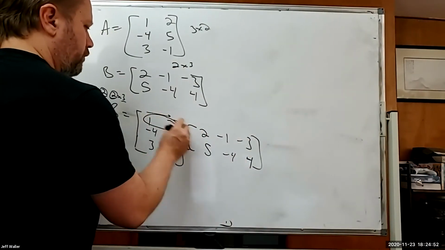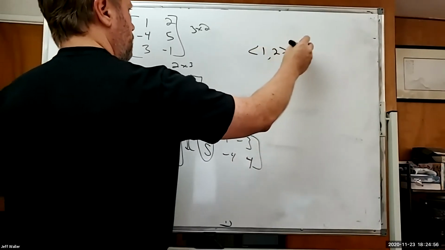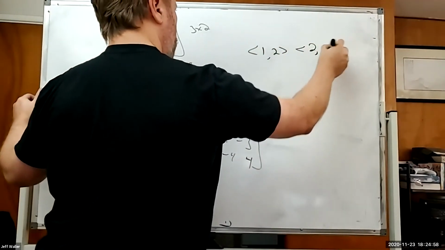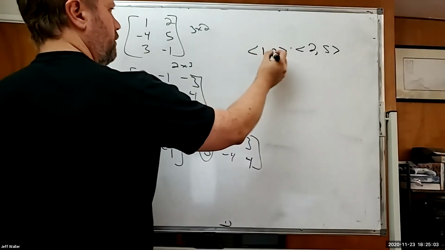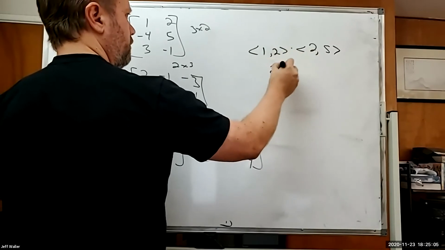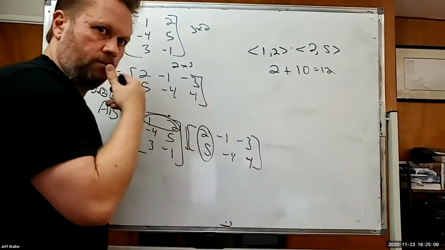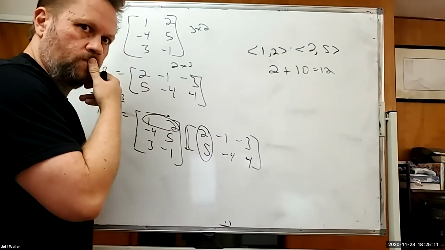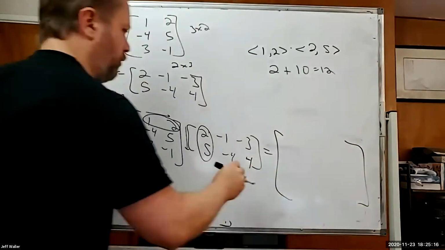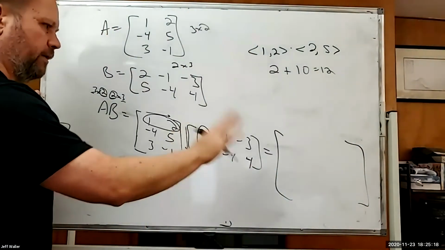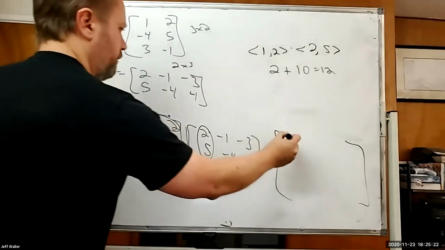Take this vector and this vector, right? What's their dot product? It would be 1 times 2 plus 2 times 5. That's all I'm doing over and over and over till I go a little insane, and then I'm done. 1 times 2 plus 2 times 5 is 12.